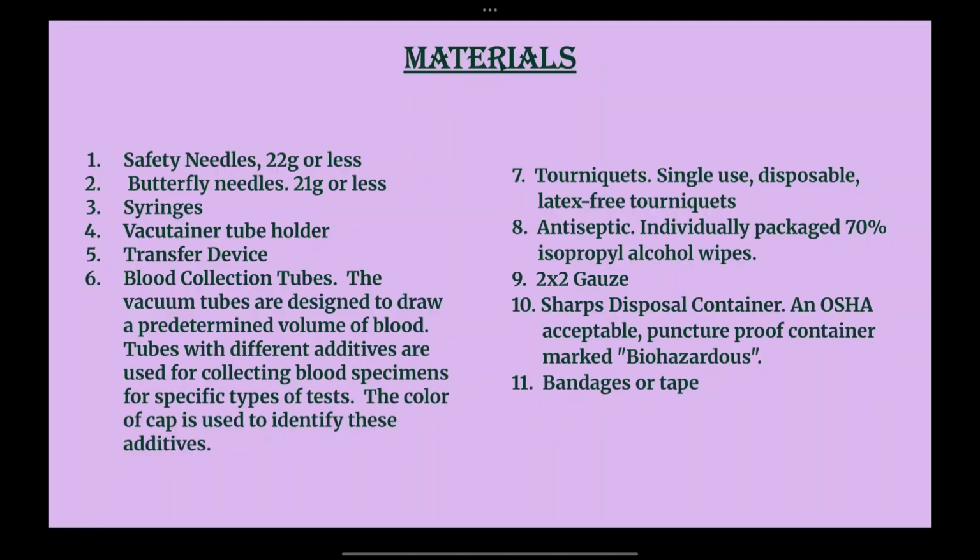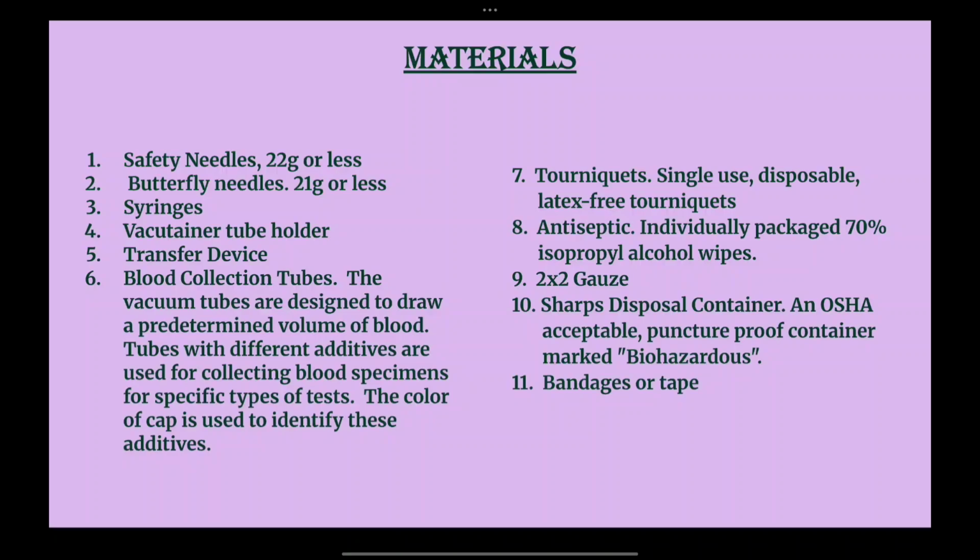So that is the transfer device. Then blood collection tubes are also present. These are vacuum tubes that are designed to draw a predetermined volume of blood. These tubes have markings on them, and up to that marking you are supposed to fill the collection tube with blood.